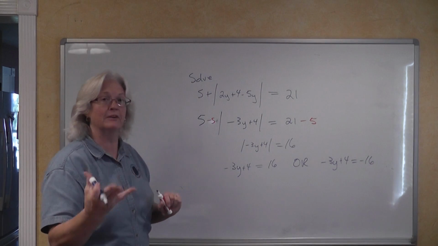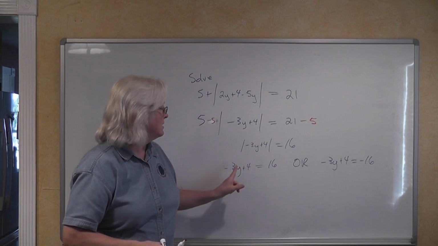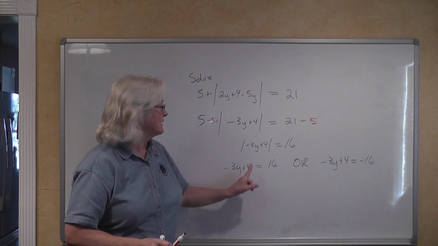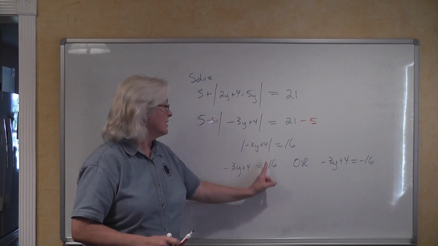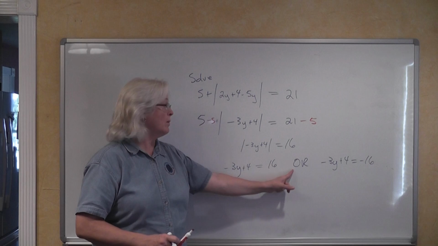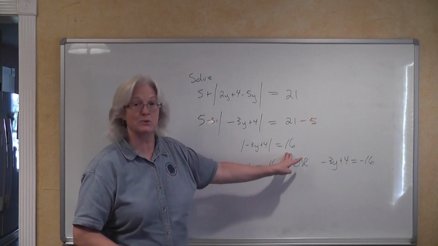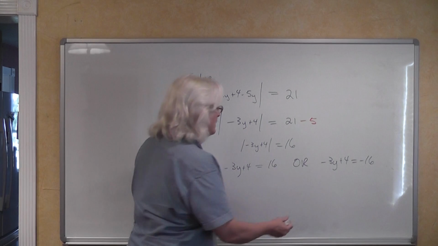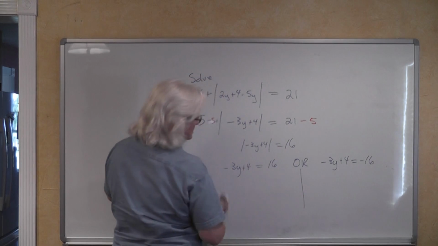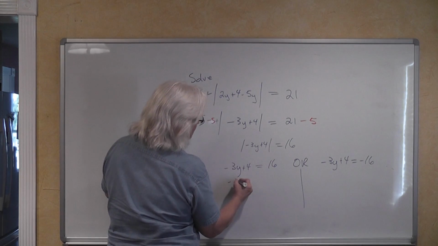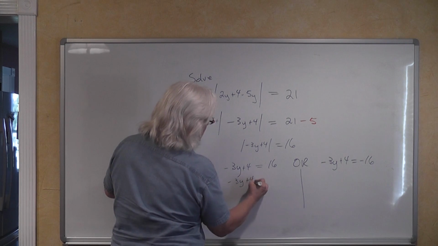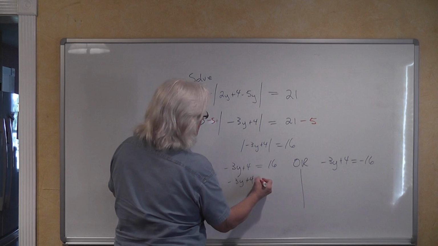And this is where the definition of absolute value comes in. Negative 3y plus 4 is equal to 16, or negative 3y plus 4 is equal to the opposite of this 16. Now we have the two solutions. We're going to subtract 4 from both sides of the equation.